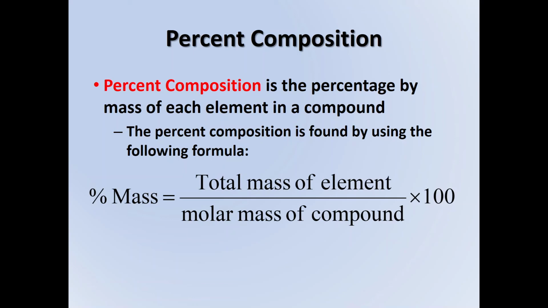What I mean by total molar mass is if there's two hydrogen, then you would take the molar mass of hydrogen, which is 1 point something grams per mole, and you multiply it by 2. Overall, it's very intuitive what it means when you see some examples.